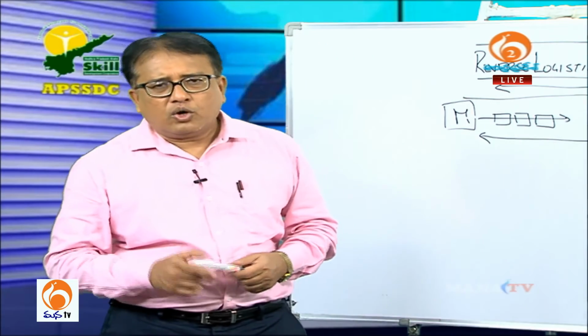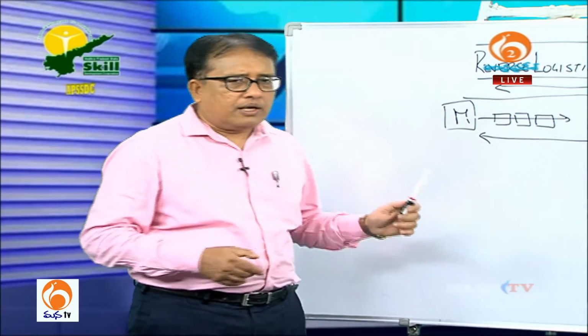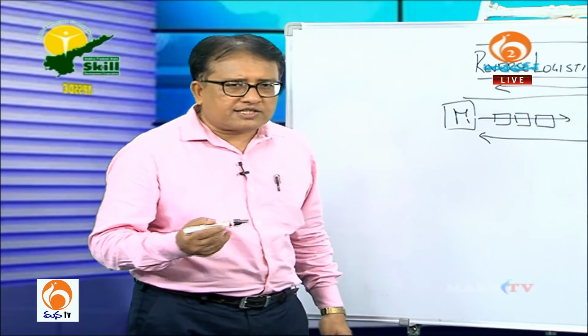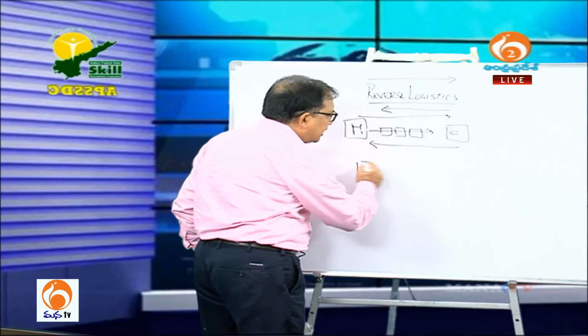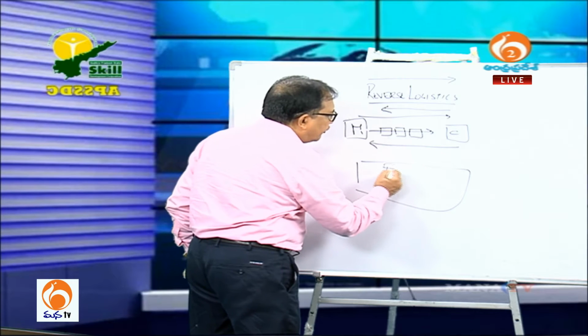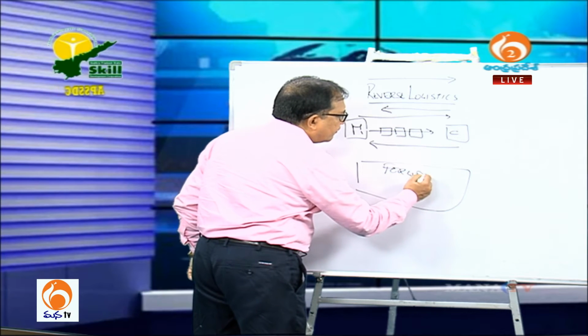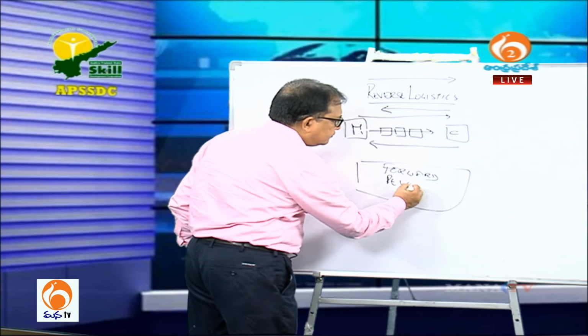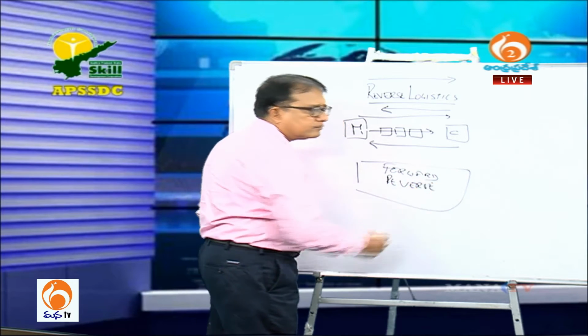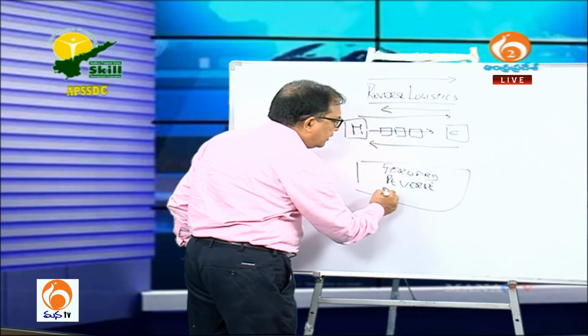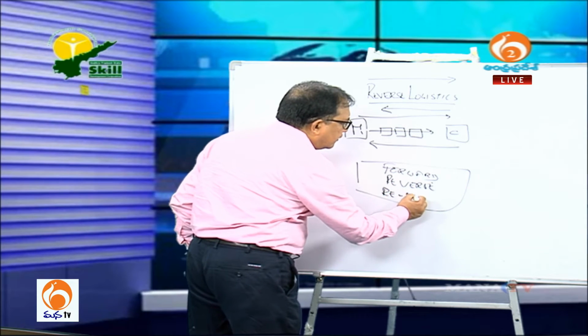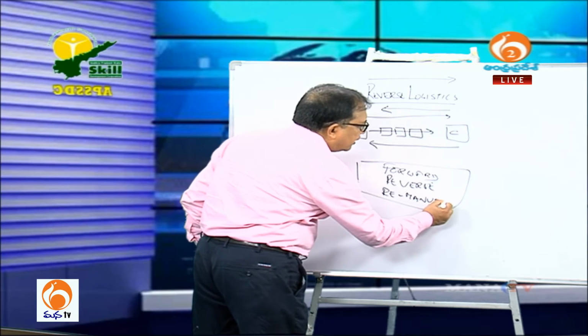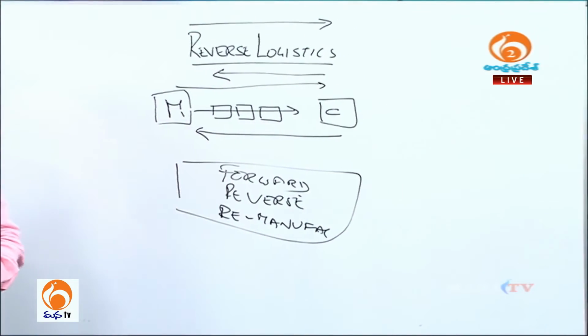Here we are talking of economies of scale. Why are we using the word economies of scale? Because the same supply chain system is taking care of the forward logistics, reverse logistics, and the remanufacturing function.